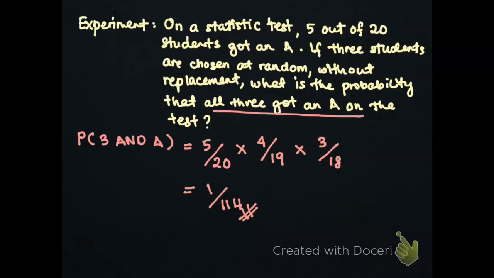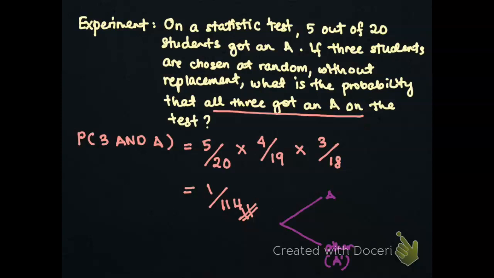Another way to illustrate the information of this dependent event is to use a tree diagram. Let's say I'm using this kind of tree diagram. The first branch I denote for A's, and the second branch is others other than A, or A prime. A and A prime. Okay, now this is the first event.